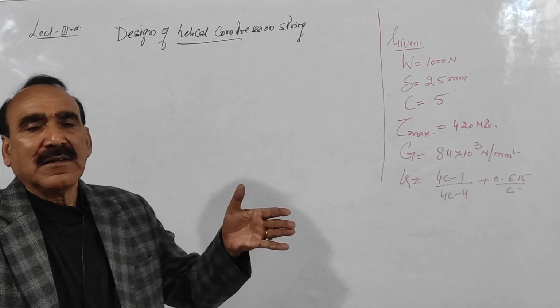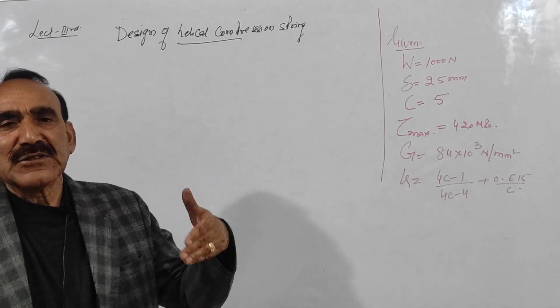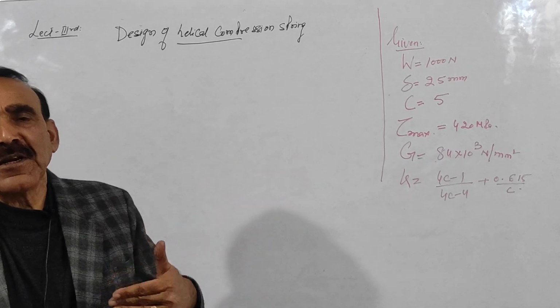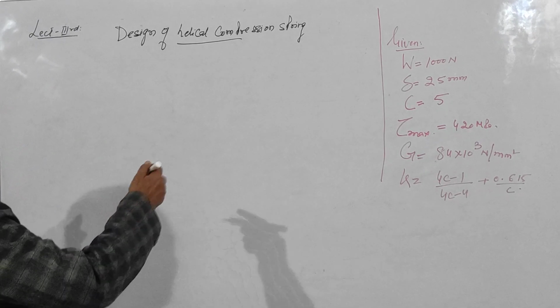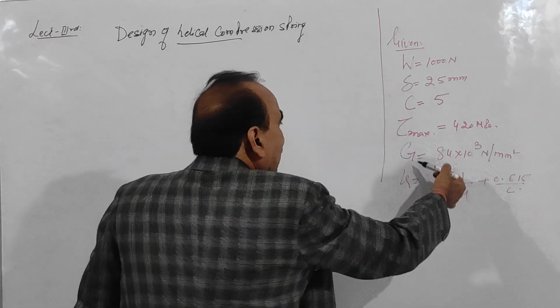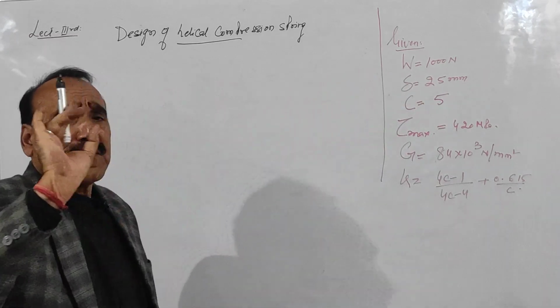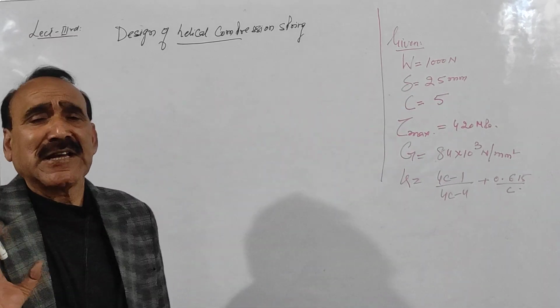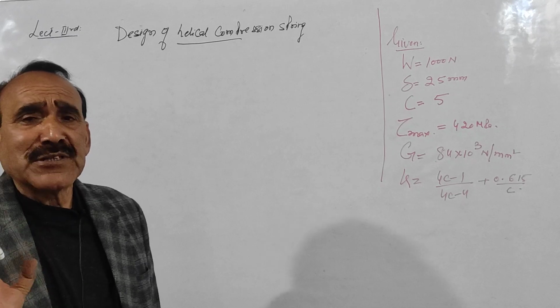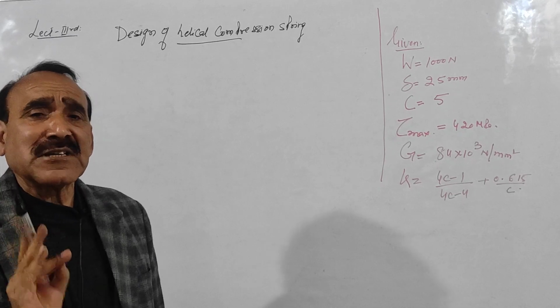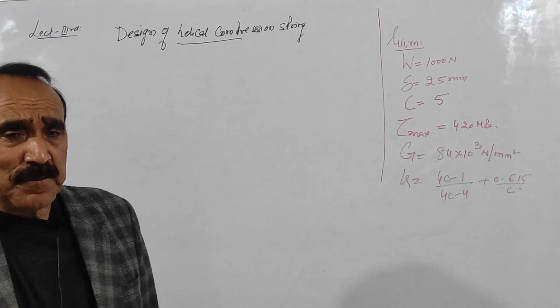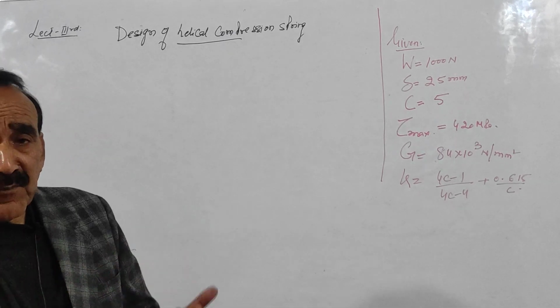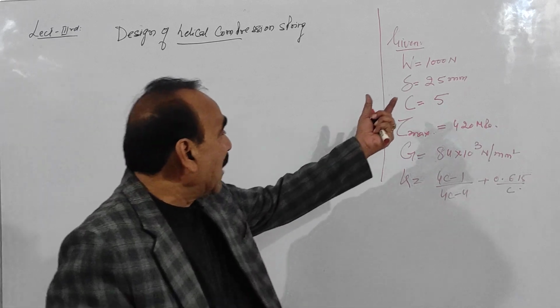And then you will use some formula that how you will calculate them. तो देखिए first parameter जो है, जब आपने स्प्रिंग को डिजाइन करना है तो फर्स्ट डिजाइन इज योर दिस डिजाइन ऑफ द स्प्रिंग वायर. स्प्रिंग वायर का डिजाइन करना है इन पैरामीटर्स के ऊपर.